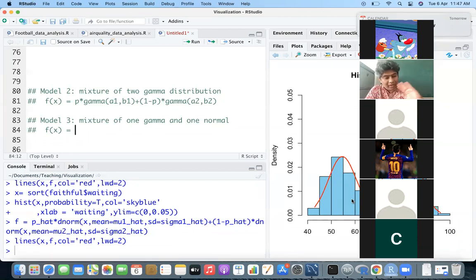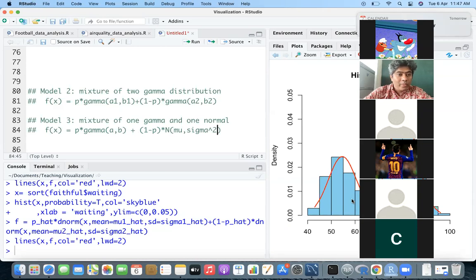If you come up with the best model, the next day another person will come up with another best model. There will always be a model better than that. So you can come up with a third model: gamma with a, b, and 1 minus p times normal with mu, sigma square.